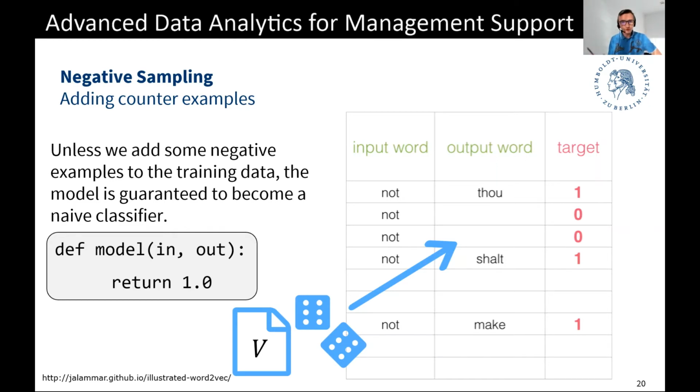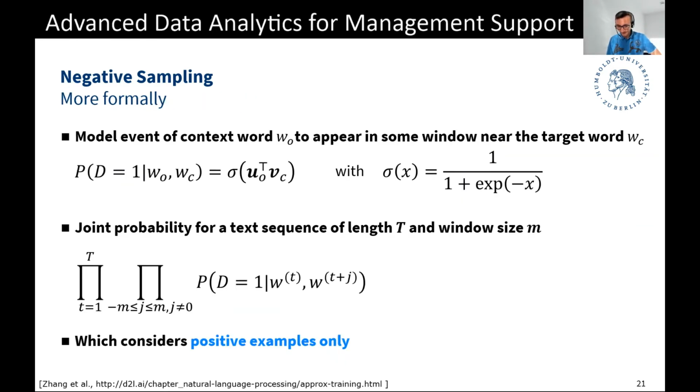And if you understood that principle, that's very good. We can get a little more formal here. Slightly more formally, we first of all consider modeling the event of some context word, again denoted by w_o, to appear in some window near our target word, our central target word w_c.